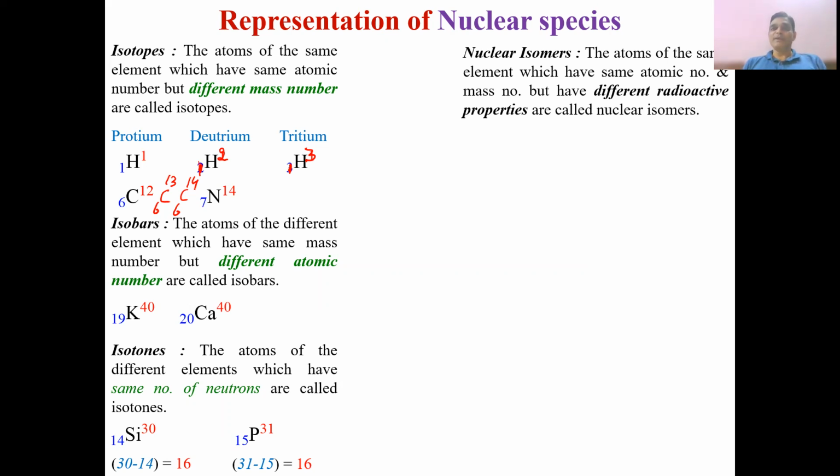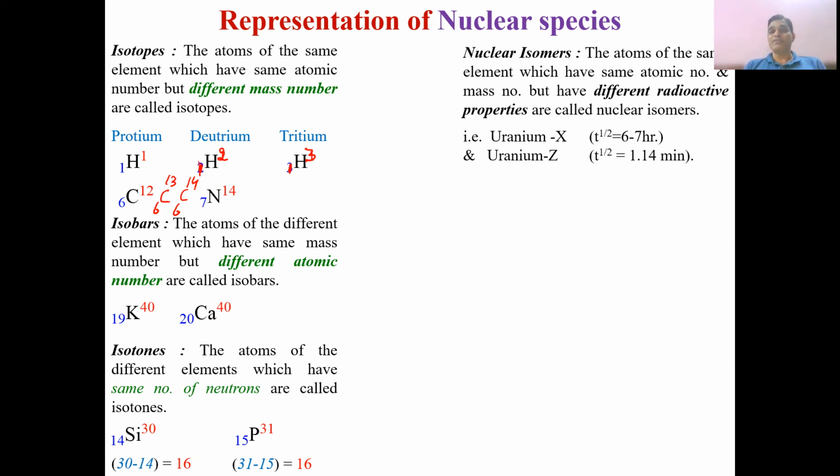Next definition is about the nuclear isomers. The atoms of the same element which have the same atomic number, same mass number, but differ from each other in their radioactive properties are called nuclear isomers. For example, uranium X, one isotope, and uranium Z, another isotope. The half-life of the first one is 6 to 7 hours, while the half-life of the other isotope is 1.14 minutes only.